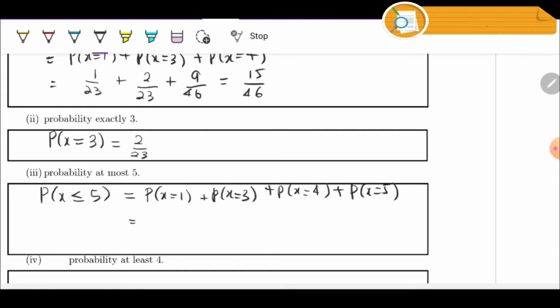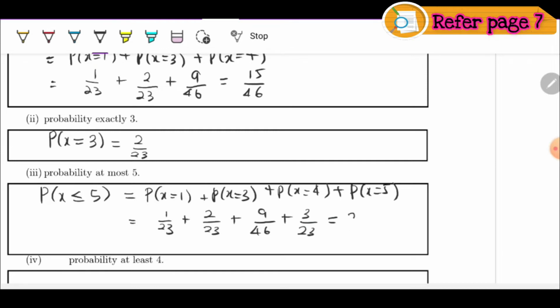When x equals 1, the probability is 1 over 23. When x equals 3, it is 2 over 23. When x equals 4, it is 9 over 46. And the last one, when x equals 5, is 3 over 23. And the answer is 21 over 46.